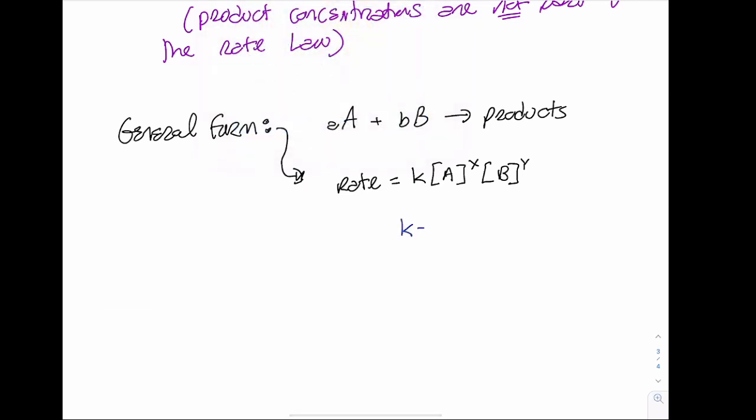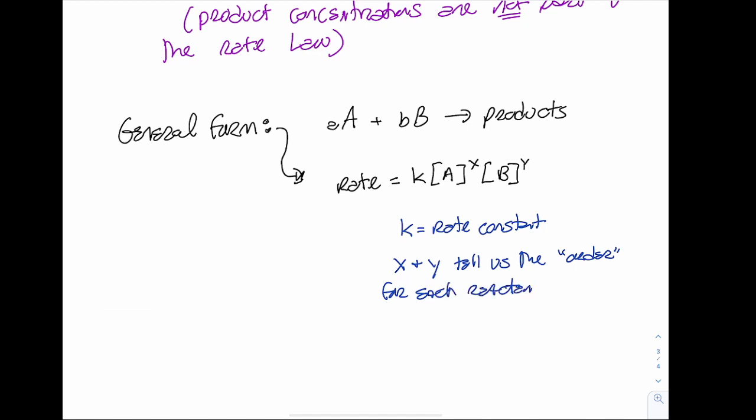So lowercase k is our rate constant. And then X and Y are going to tell us the order of our reactants. So it tells us the order for each reactant.